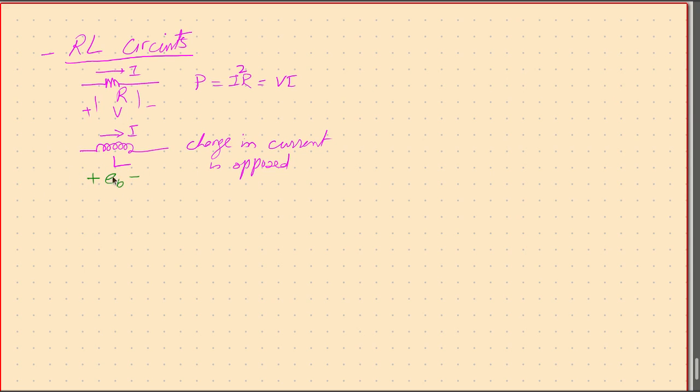This is equivalent to an opposing electric field, which in turn opposes change in the electric potential, and thereby it tries to maintain the current constant. So it's going to produce an electric field whenever there is change in current.